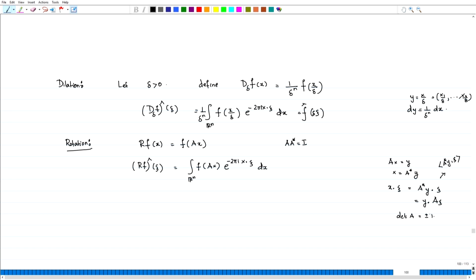Therefore, the modulus of the determinant is going to be 1. So, hence by making a change of variable we get that the integral of f of x e to the power minus 2 pi i x dot A xi dx is equal to f hat of A xi.